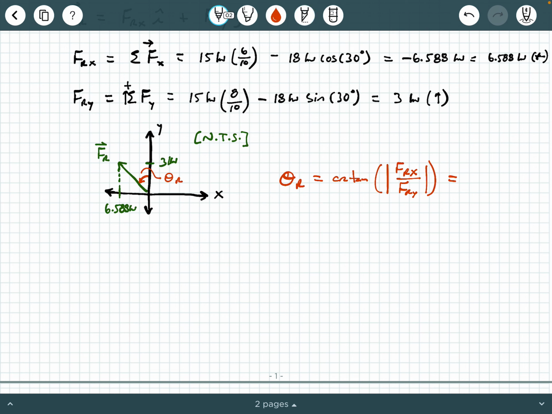And so I can substitute these values in. Theta sub r equals arc tangent of 6.588 kilonewtons divided by 3 kilonewtons, and I get a 65.5 degree angle.